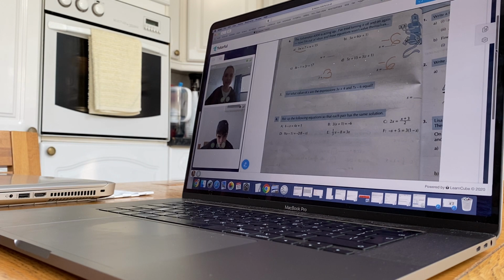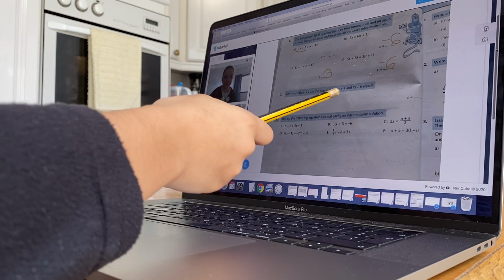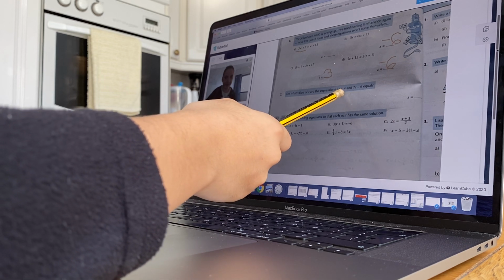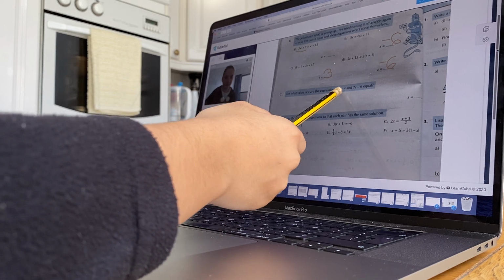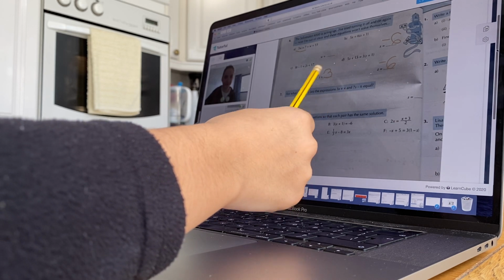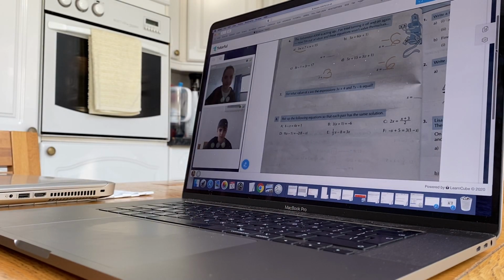For what values of s are the expressions 3s plus 4 and 7s minus 6 equal? What's an expression?